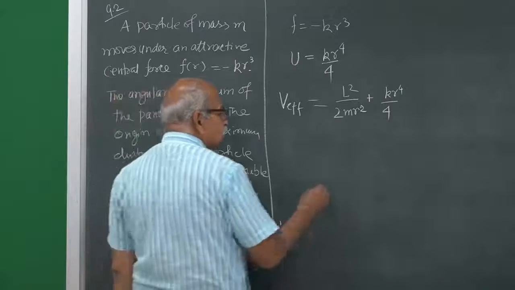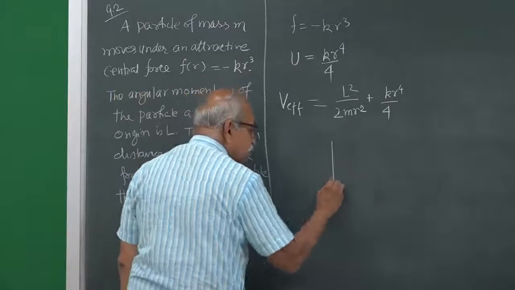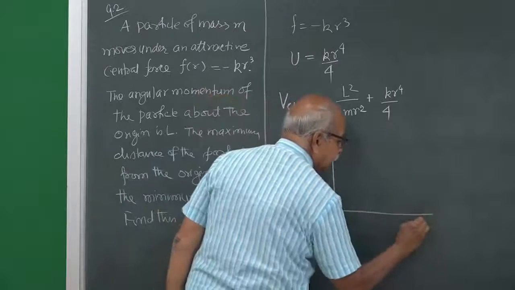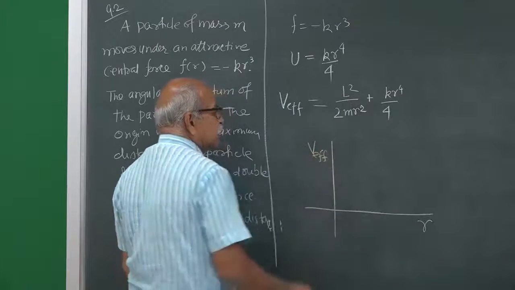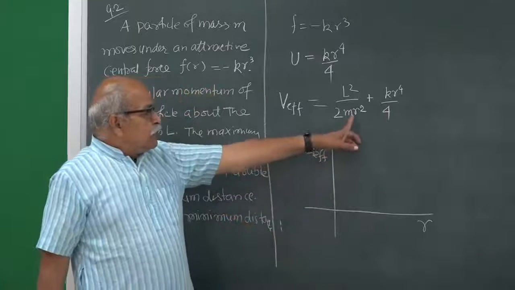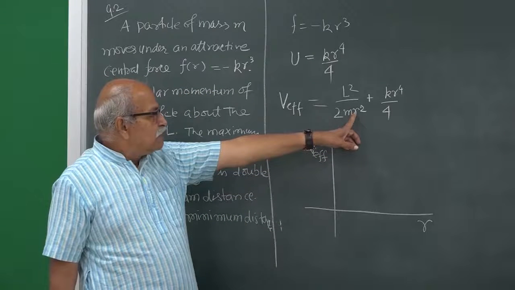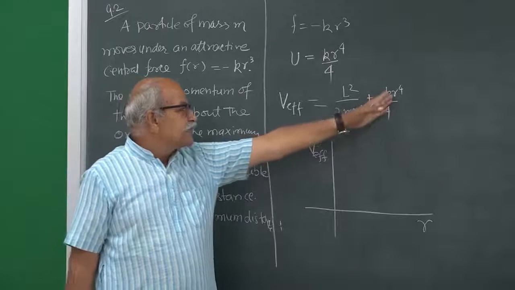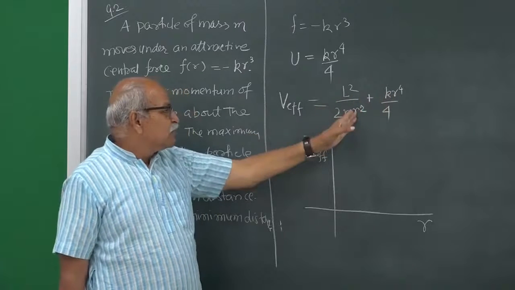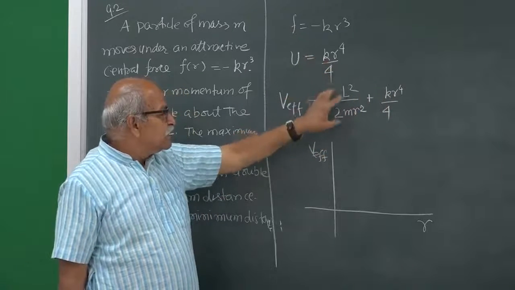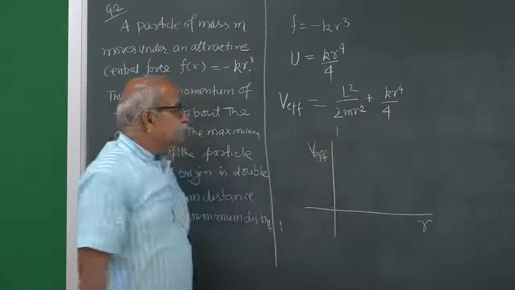If we draw the potential energy, how will it look like? If this is r and this is V effective, for very small values of r the second term is negligible, and the first term goes to infinity, so it comes from infinity.